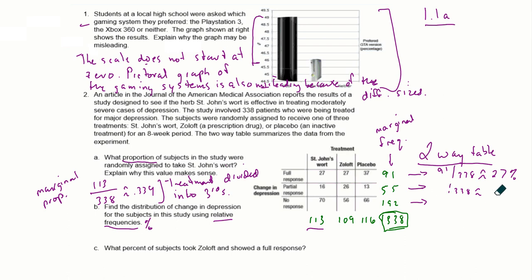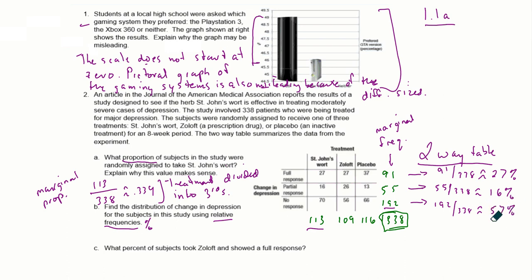So we're going to take 55 divided by 338, and then we have about 16%. That makes more sense. And finally, we're going to take the margin, 192, divided by 338, and that's going to give us about 57%.